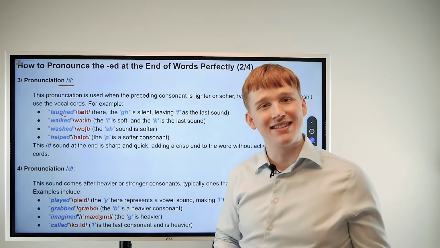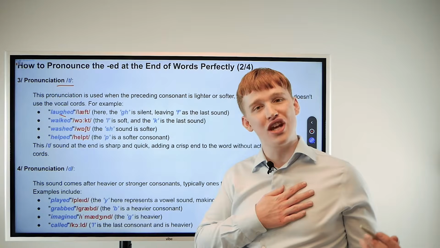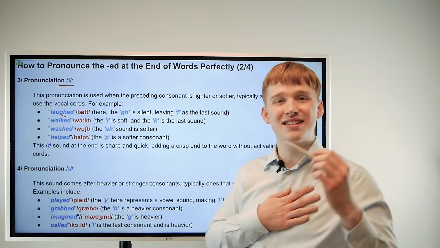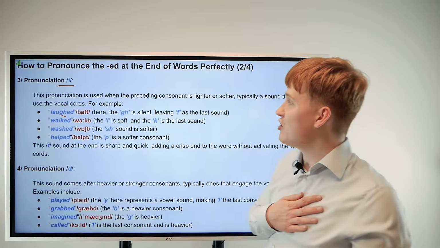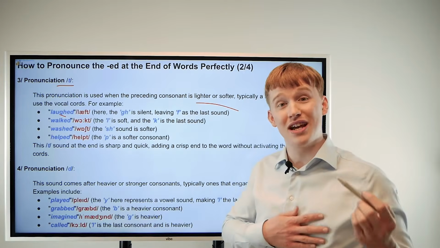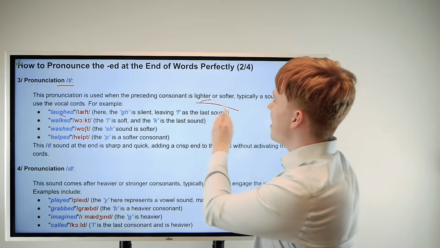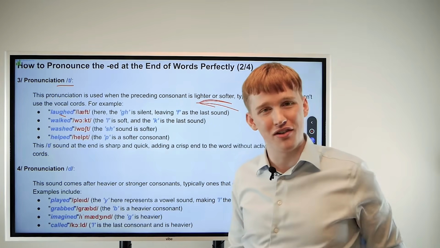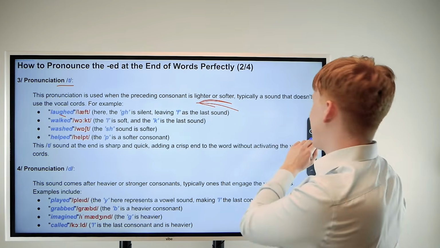The way that you can practice this is by putting your hand on your chest, and if your chest vibrates a lot, then you know that it is not one of these sounds. But if your chest doesn't vibrate too much, then you can be pretty sure that it's one of these sounds. So that is how we know.